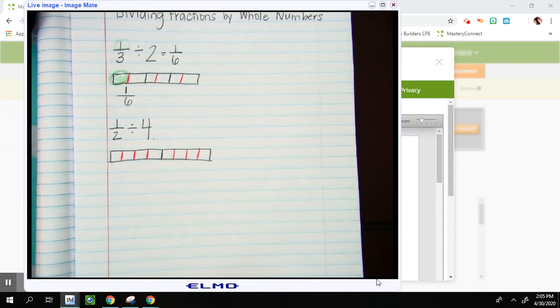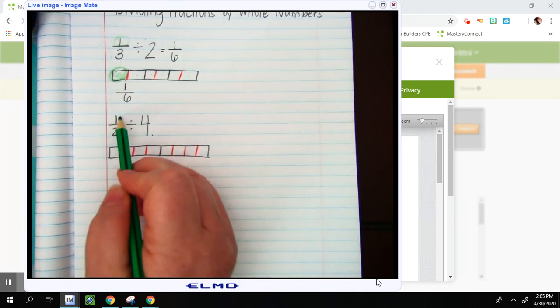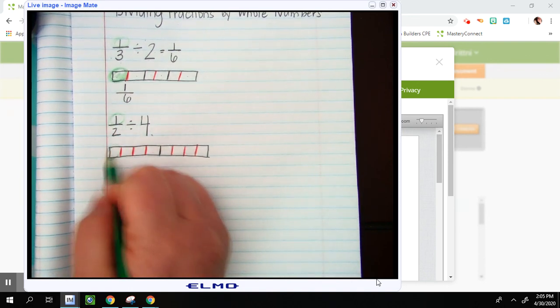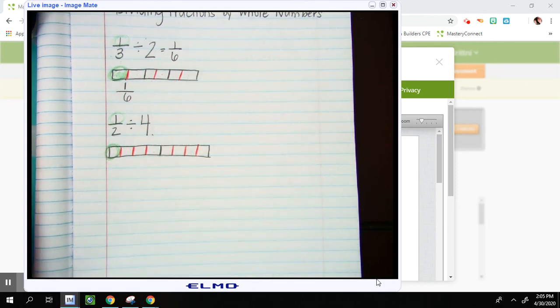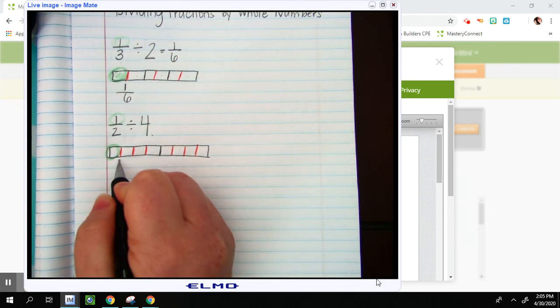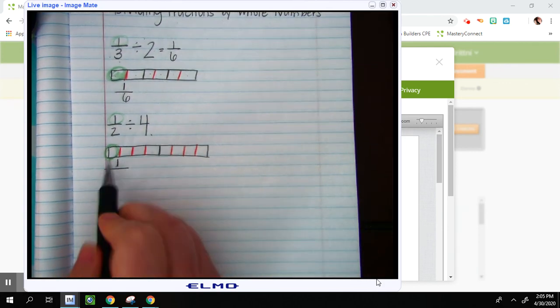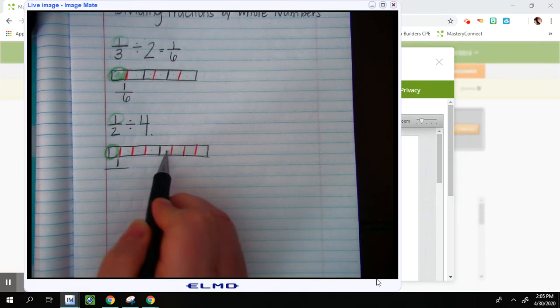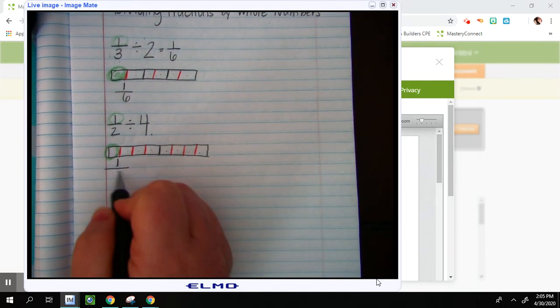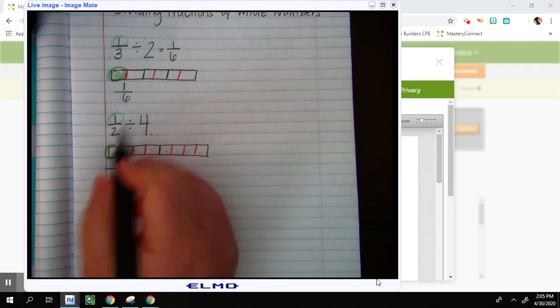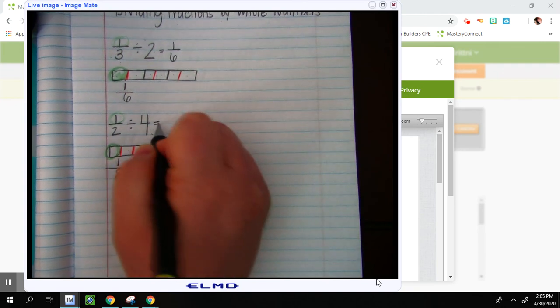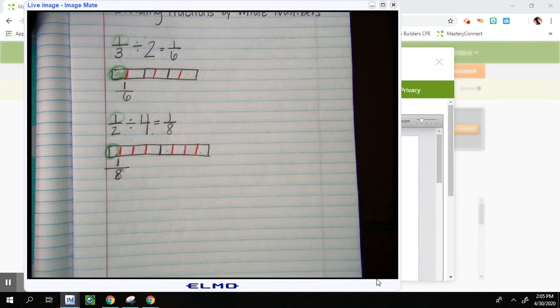To figure out the answer, I care about this one piece right here. So this is equal to 1 out of 1, 2, 3, 4, 5, 6, 7, 8 pieces. So 1/2 divided by 4 is equal to 1/8.